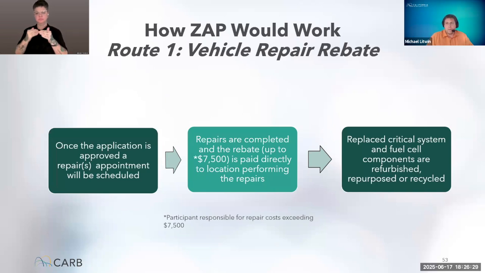The critical system components are replaced or repaired, and the replaced system critical components are refurbished, repurposed, or recycled. Transportation accommodations are in development to assure that the participant does not experience a gap in reliable transportation.